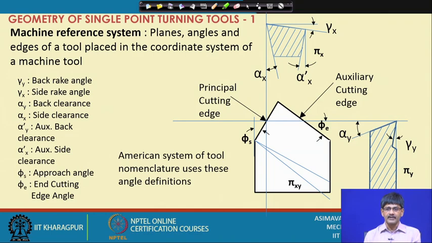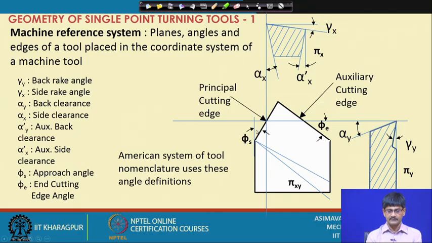Moreover, in the plan view, in this view where we are looking at the tool as seen along the z axis, we have two angles defining the positions of the cutting edges. Phi s defined as the approach angle and phi e defined as the end cutting edge angle.